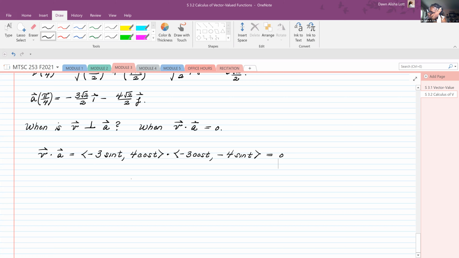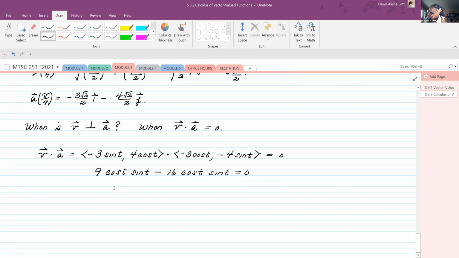Okay, so that says 9 times the cosine of t times the sine of t minus 16 times the cosine of t times the sine of t is equal to 0.